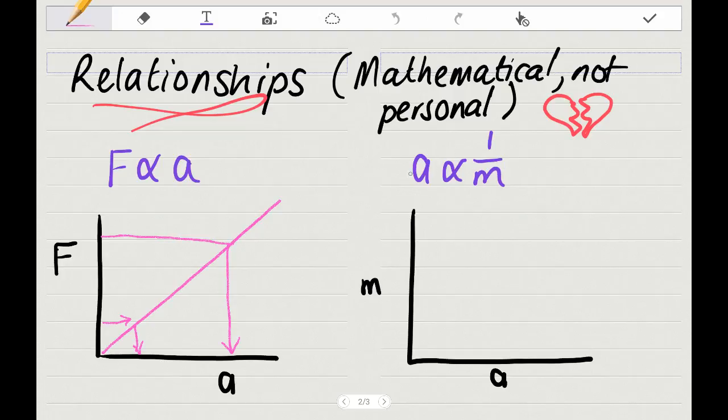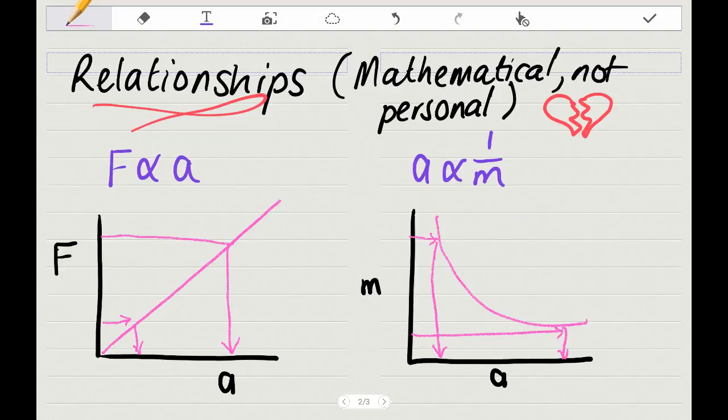Here we've written it that A is directly proportional to the inverse of the mass. How would this look on a graph? It would look like a hyperbola. Sorry, let's draw a nicer one. It would look like a hyperbola, where high values of M are associated with low values of A, and low values of M are associated with high values of A.